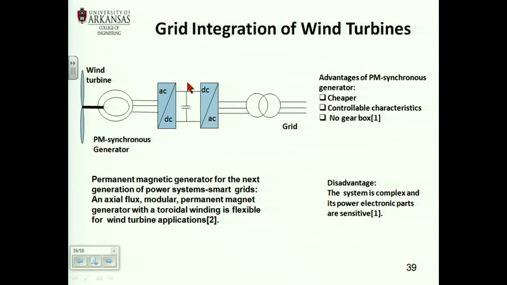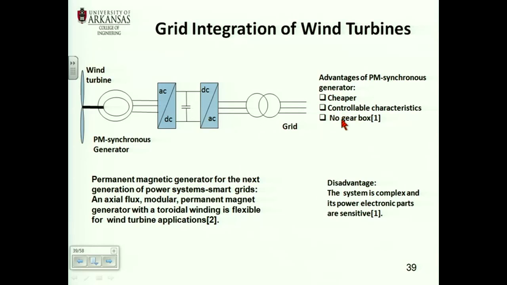So what you do is you rectify into a DC link, and from here you go from DC to AC to the grid, and here you have your 60 Hertz transformer to step up the voltage to 13.8 kV, whatever it is. So here you have 480, here you have 13.8 kV.